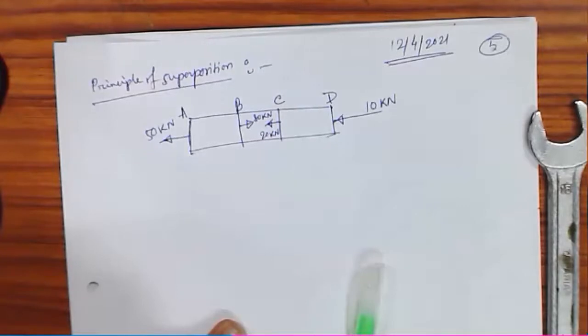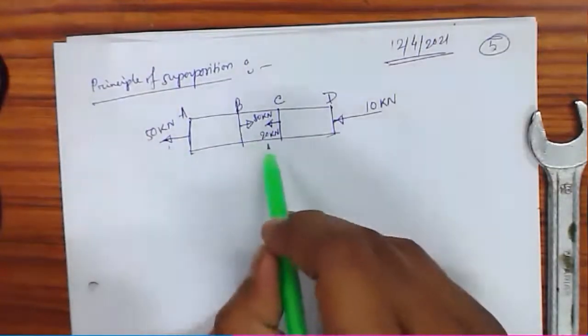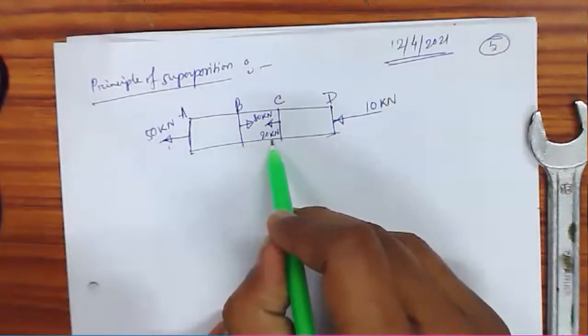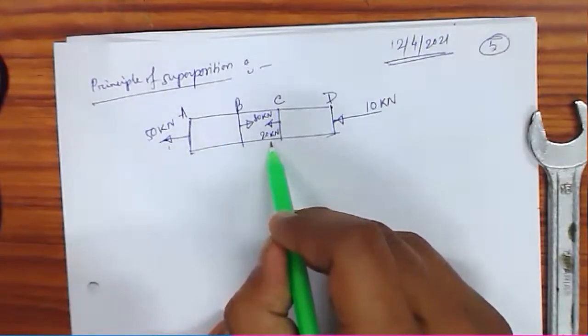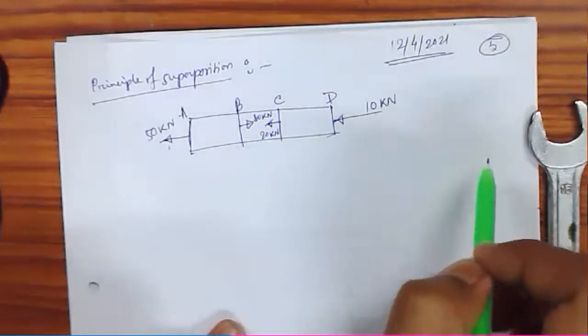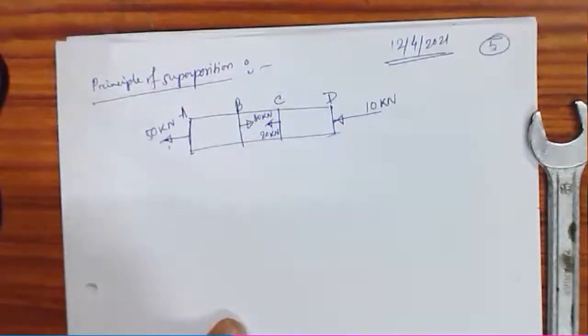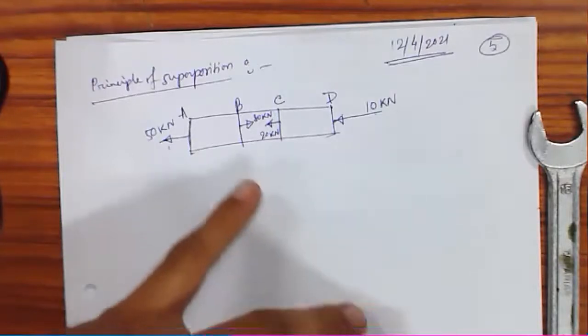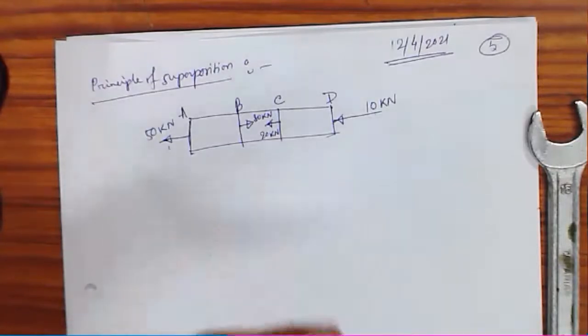Here also you will see on the left hand side the total force is 50 plus 20, that is 70 kilonewton, leftward. In rightward, 80 minus 10, 70. So you see, for the condition of equilibrium, the total leftward force is equal to the total rightward force. Otherwise, equilibrium will not happen and the object will move. And when the object moves, then we cannot find the deformation.